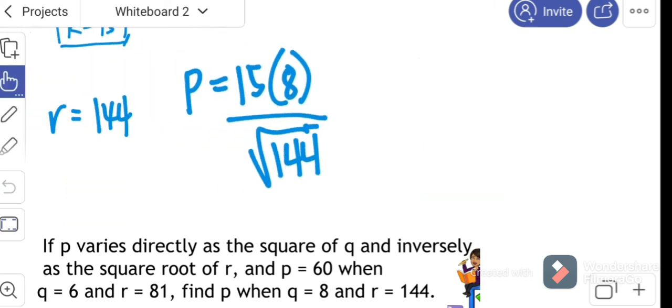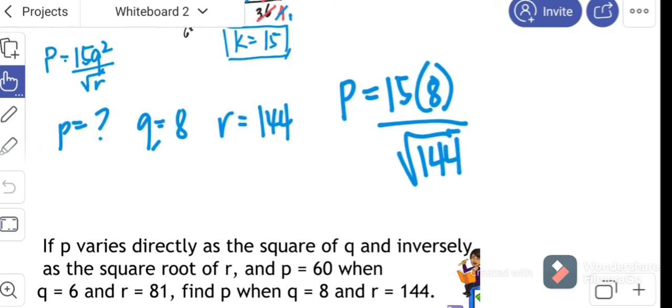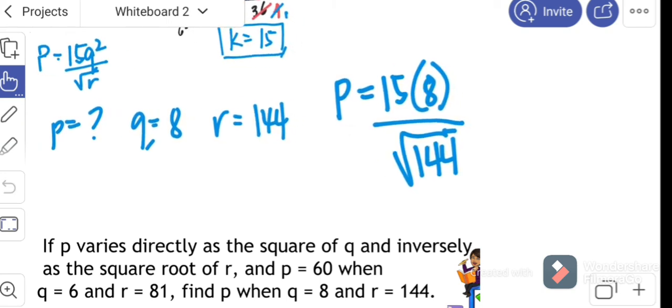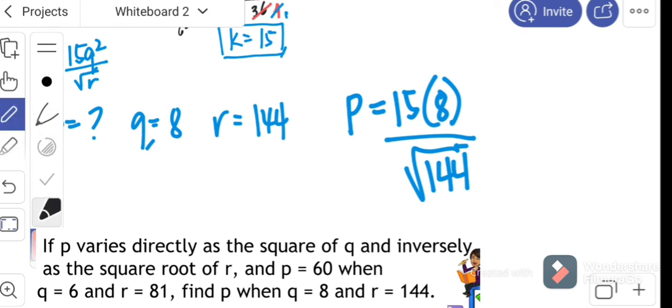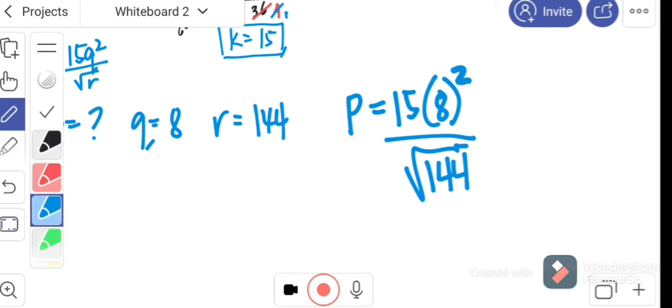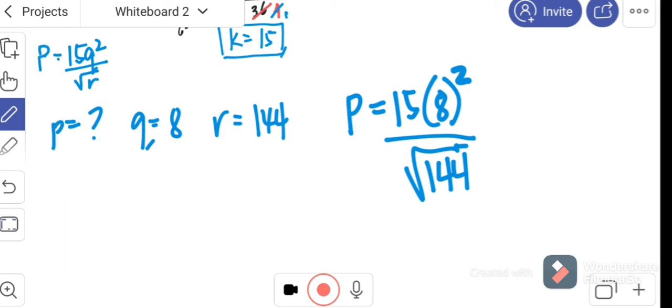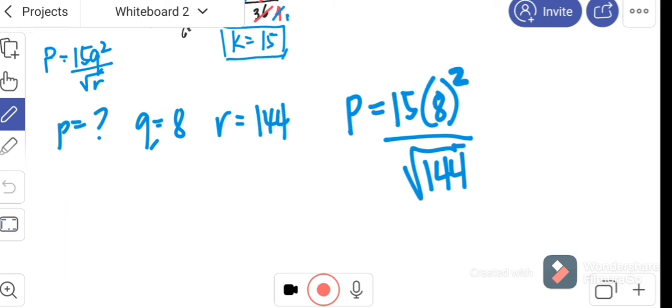Now we substitute. We have P is equal to 15 times 8 squared. Let's not forget the squared. Over square root of 144. Then we simplify.